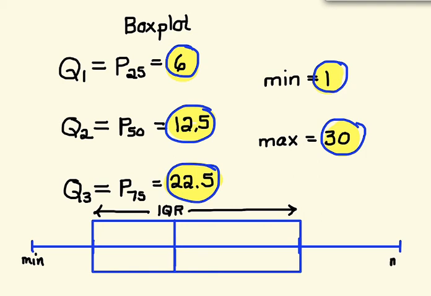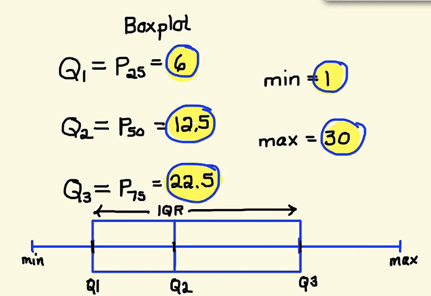That's my minimum x value. That's my maximum x value. This value here represents my quartile 1 value, Q1, which is the 25th percentile. This represents my Q3, which is the 75th percentile. And this right here represents Q2, which is my 50th percentile. So this is how you create a box plot.